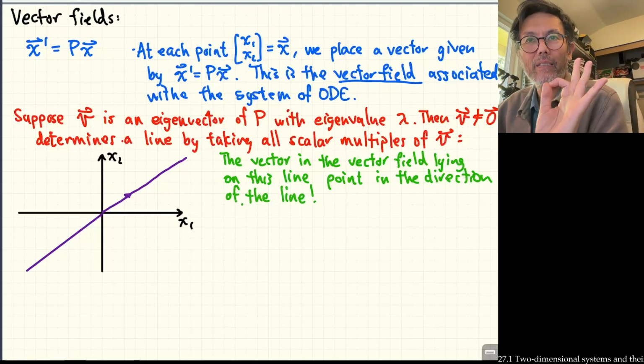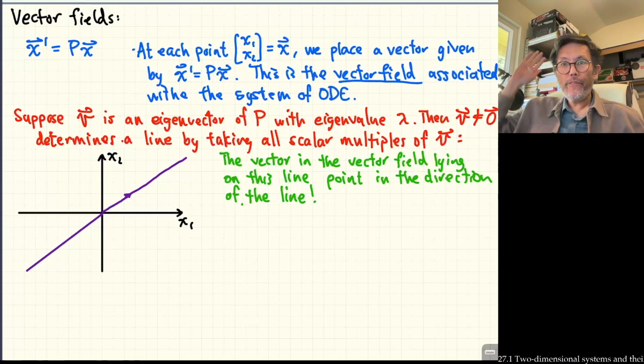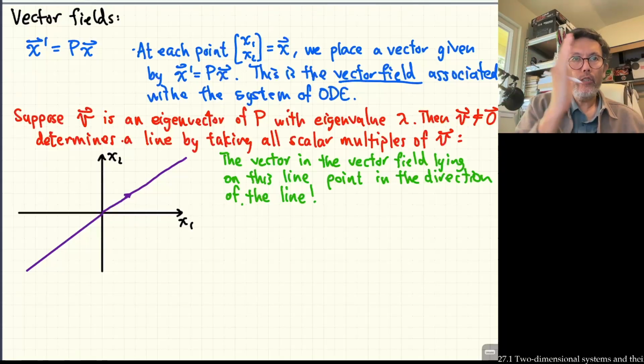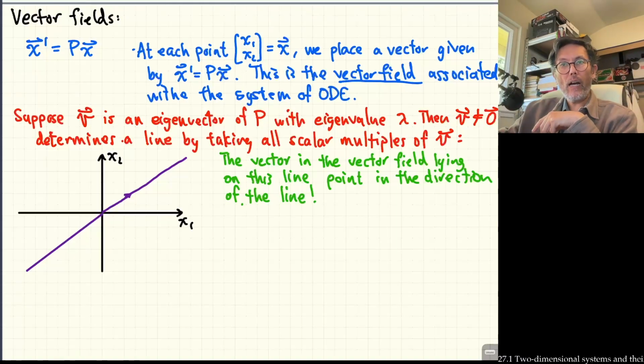This should make sense, because for points along this line, x1, x2, if I feed those points to Px, if I multiply such points by P on the left, what I get out is lambda times that x. In other words, just a stretched version of that vector.